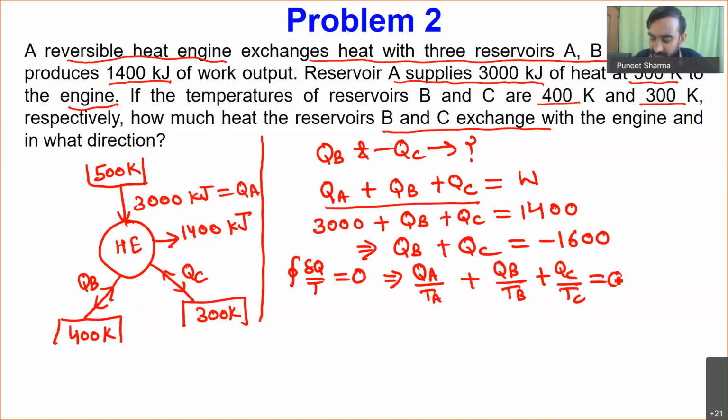Is this point correct? Because it's a reversible heat engine, from the Clausius inequality I can write the integral of del Q by T equal to 0. Now if I substitute QA as 3000 and TA as 500 Kelvin, finally I find one equation as 3 QB plus 4 QC equal to minus 7200.